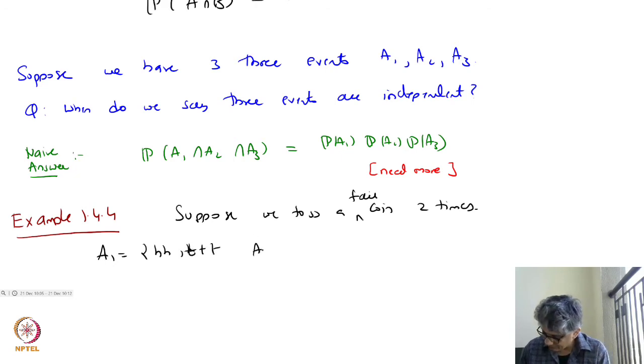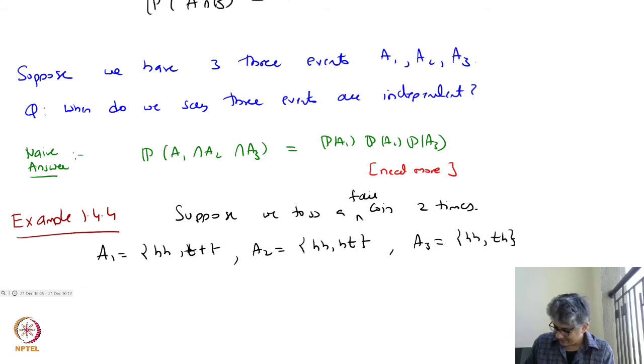And A2, let's say, is the event that you get a head in the first toss. And A3 is the event that you get a head in the second toss. So A1 is the event you get HH or TT, that is 2 heads or 2 tails.